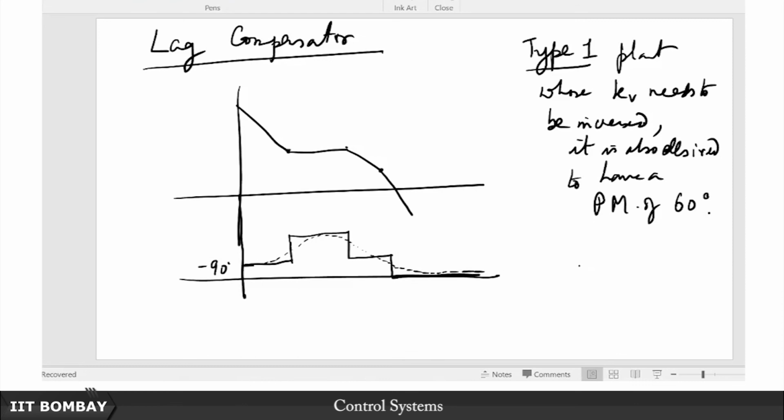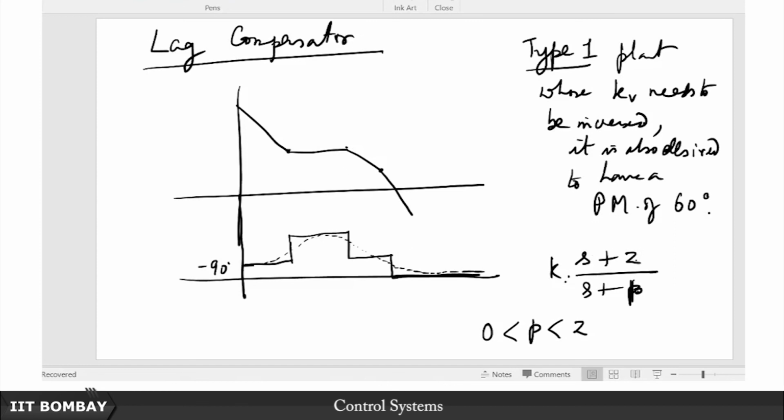So what is the typical structure of a lag compensator? A lag compensator will have S plus Z upon S plus P with some K possibly, and for this pole-zero relation, remember that P is less than Z, because this is after all an approximation of an integrator.